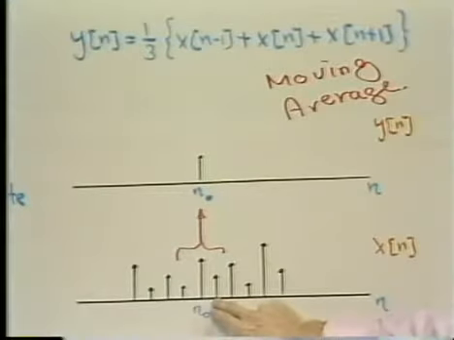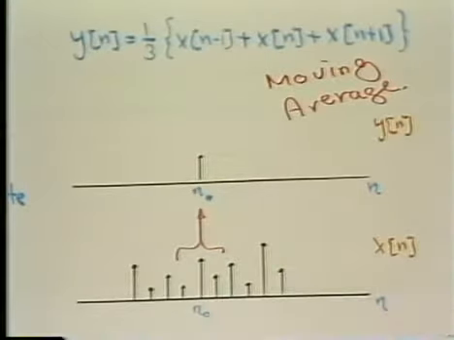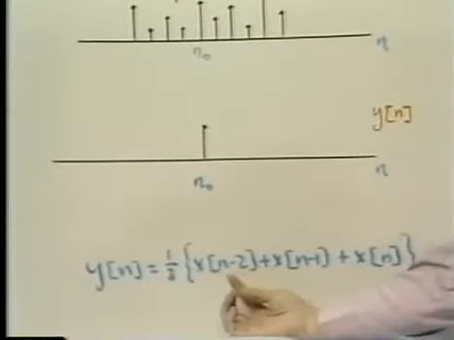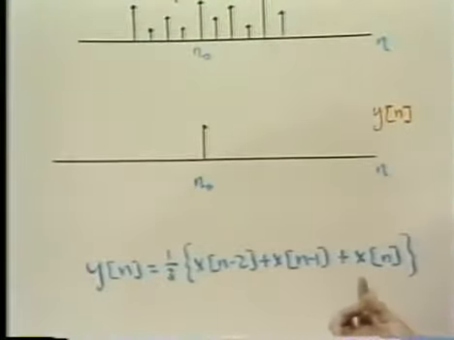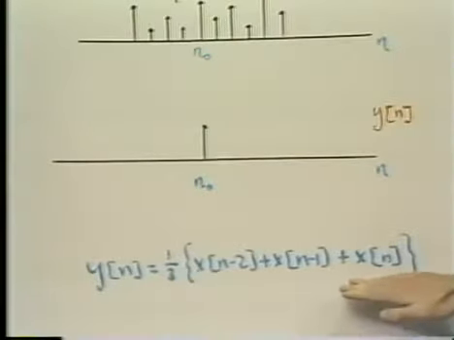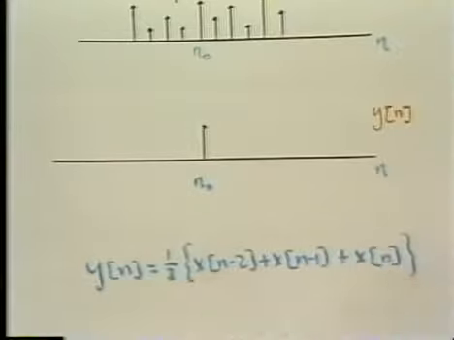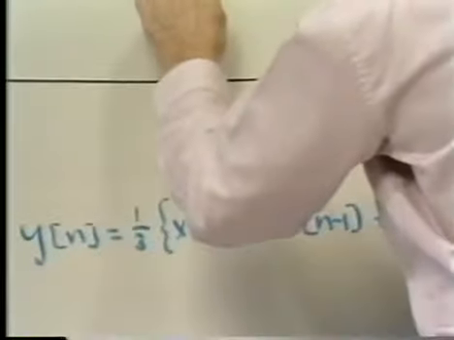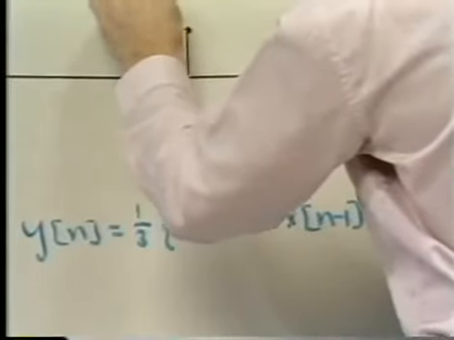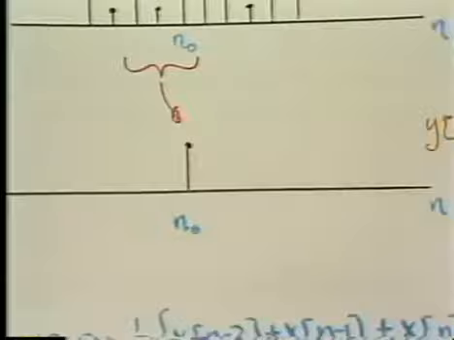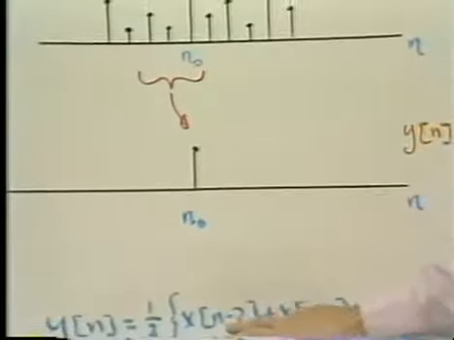As opposed to another moving average, which I've indicated here, where I've simply shifted the values that I combined together. And in this case, because of the way in which I've picked the values, the output depends on the value at n0, the value at n0 minus 1, and the value at n0 minus 2.